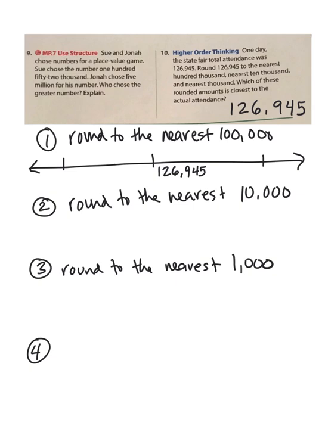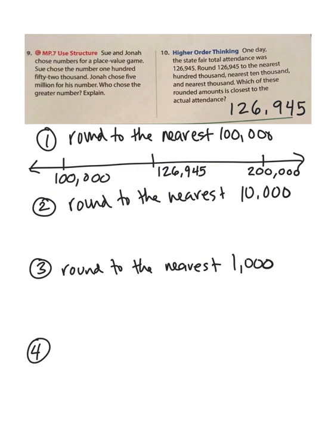So if I were to increase this to the next 100,000, it would be 200,000. Whereas if I rounded down, I would round 126,000 down to 100,000.